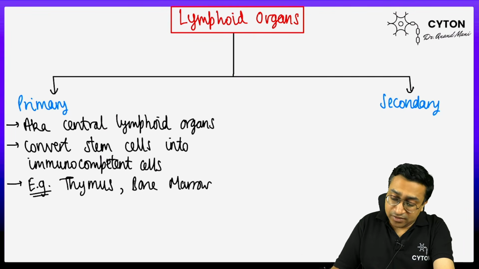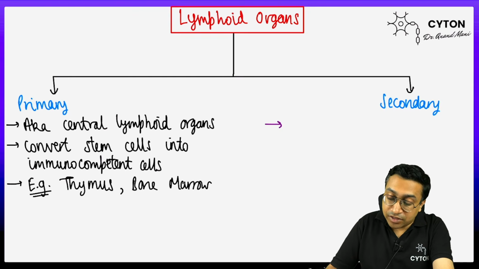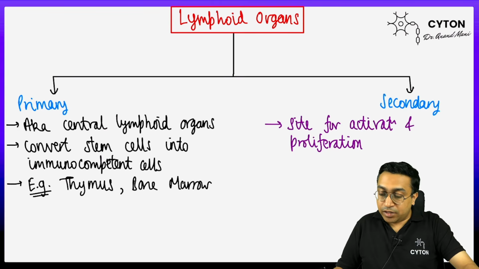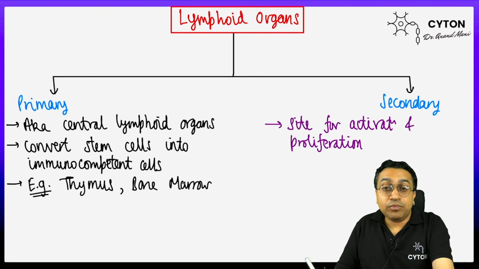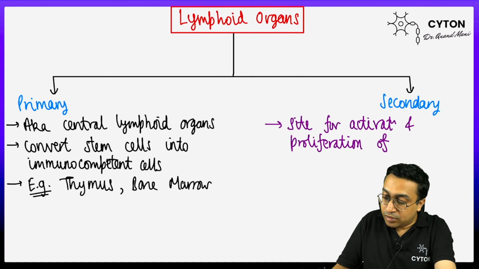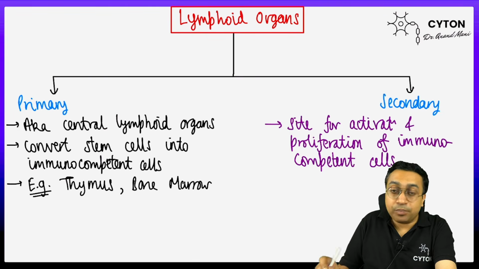So I can say these secondary lymphoid organs are the site for activation and proliferation of immunocompetent cells.